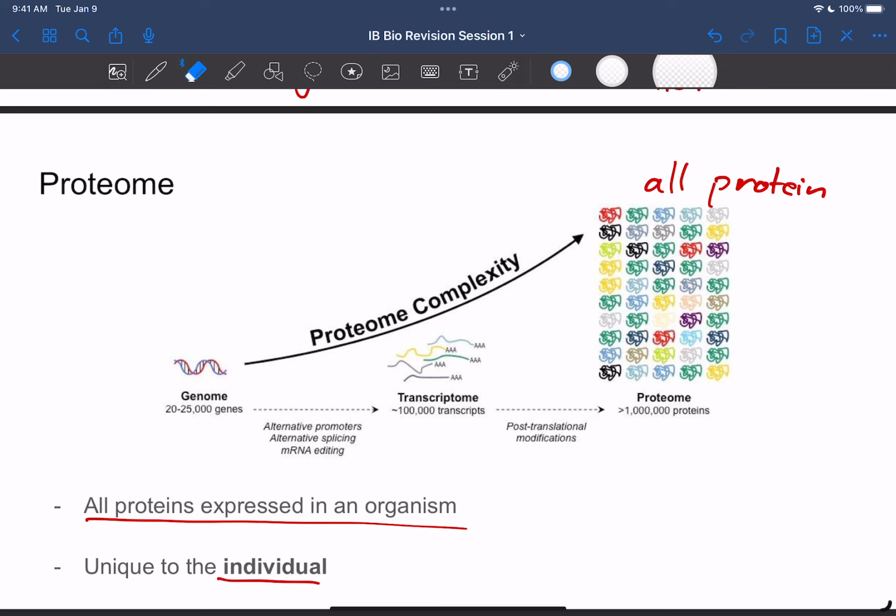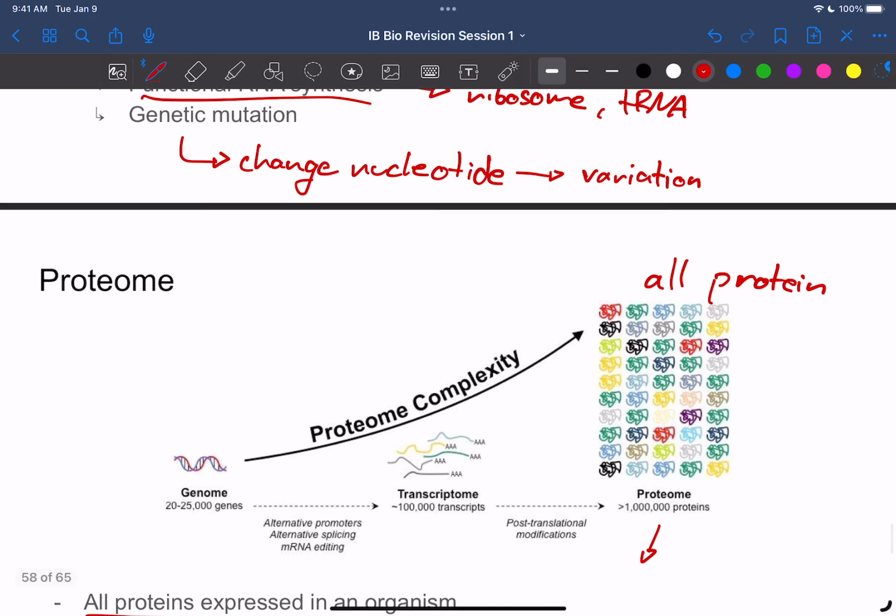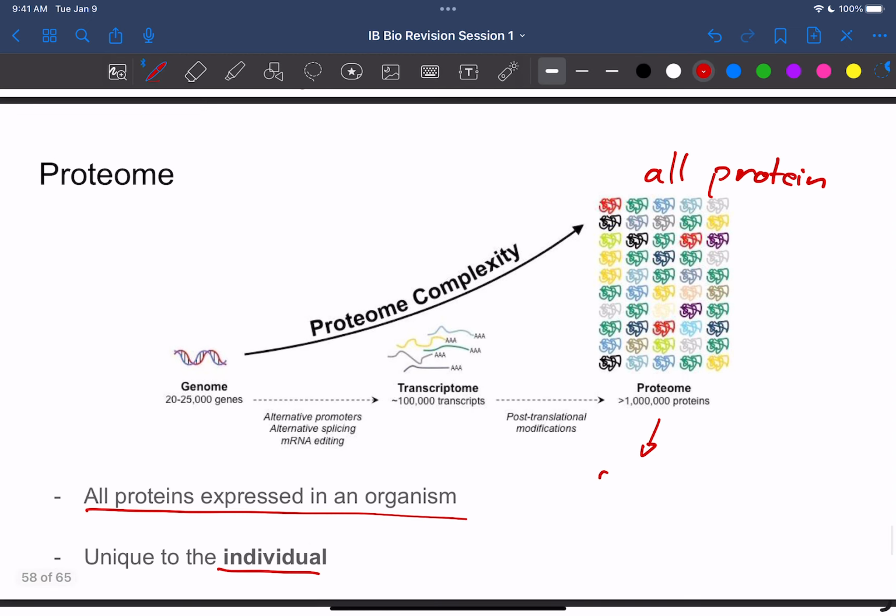So what does this mean? Why is a proteome more complex than your genome? Well, because of those three factors acting as exceptions that we just talked about. So it's actually in this image. Splicing. There's mRNA editing as well. There's also post-translational modifications.